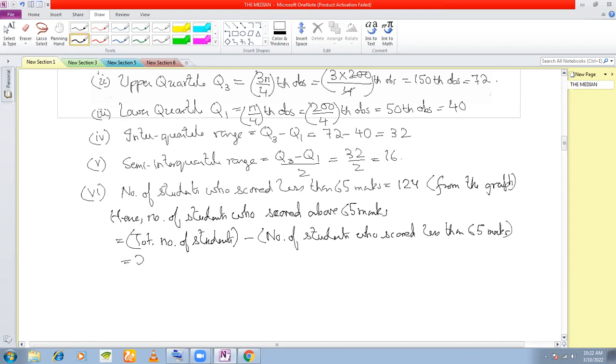Total number of students was 200, and number of students who have scored less than 65 marks is 124. So how many students have scored above 65 marks? 76 students have scored. Okay.